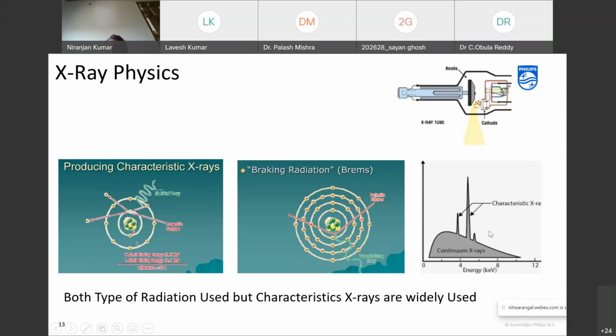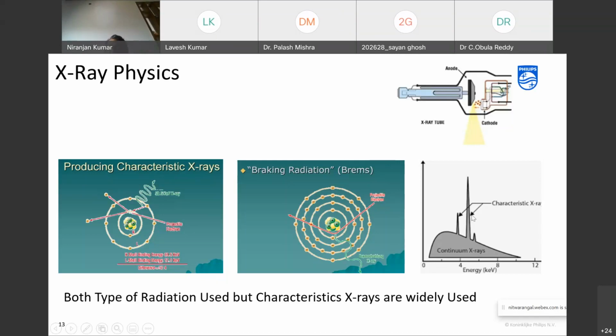That is continuous, and then we have the characteristic peaks, because at a particular kV the first phenomenon happens where the electron can displace another, and that depends on the target material. In medical imaging we don't differentiate much. We can do imaging based on both types of radiation, but typically we characterize the X-ray tube to work in the range where the peaks come. So characteristic X-ray is used.